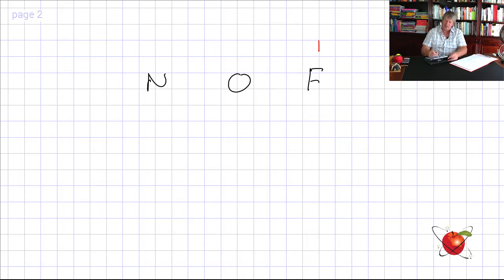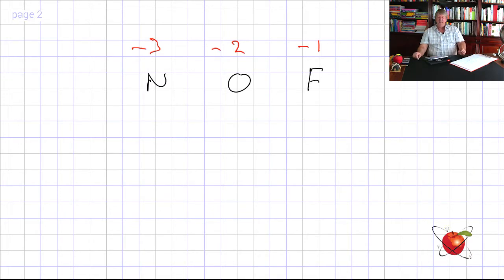We had 1 spot, 2, and 3. Remember I said fluorine -1, oxygen -2, nitrogen -3? Here they are. It means that fluorine needs 1 electron to be full.